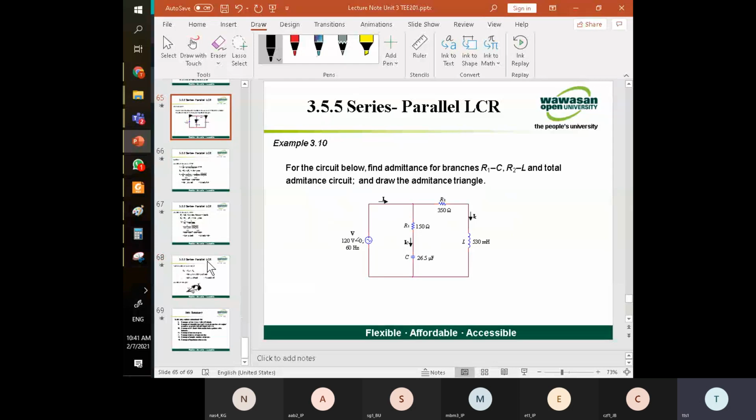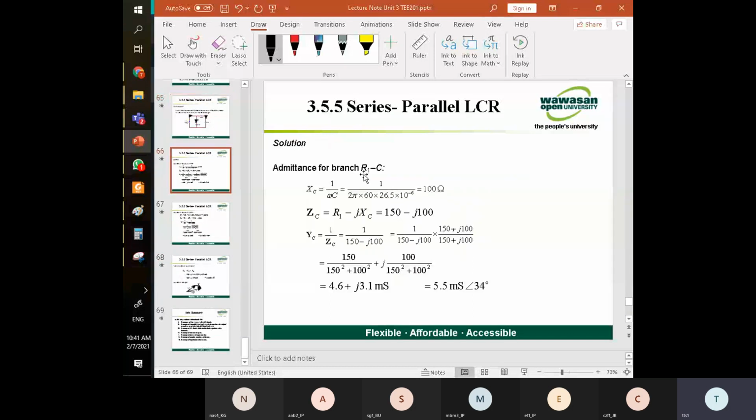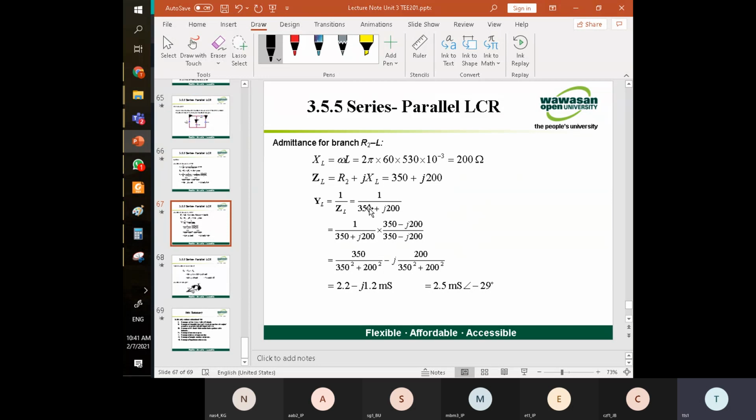Wait, let's go back. These two are in series, R and C, and R and L. You can see here, for C, when they are in series, we have a negative sign for the reactance. For the L, it's R plus jXL.